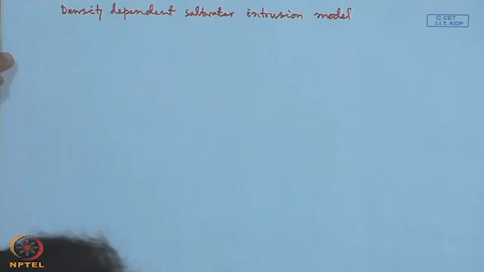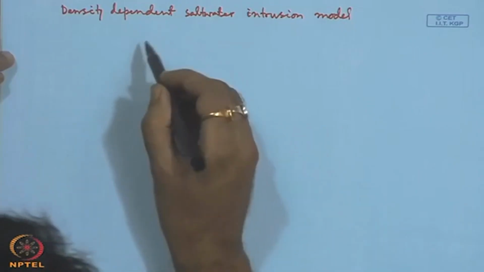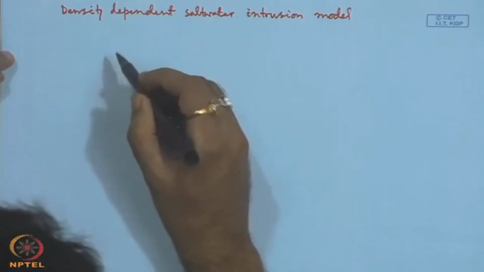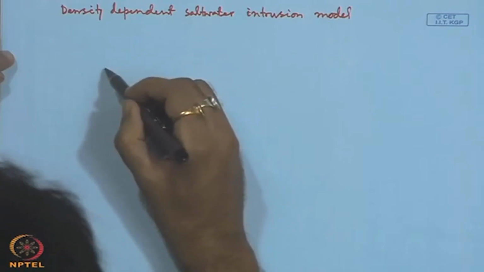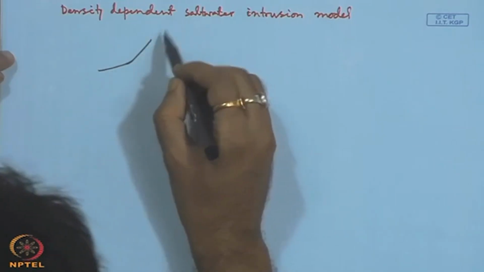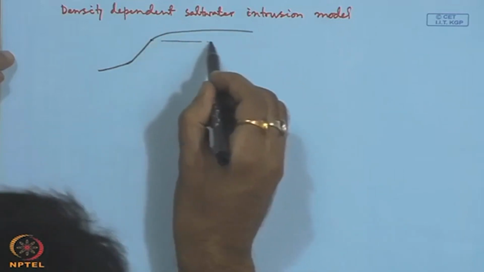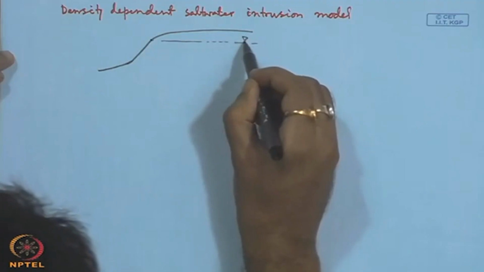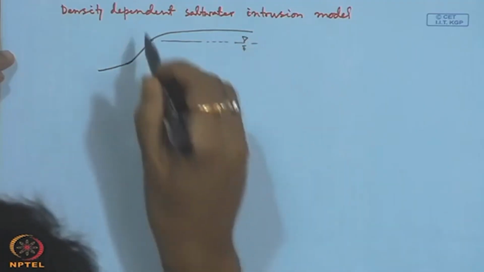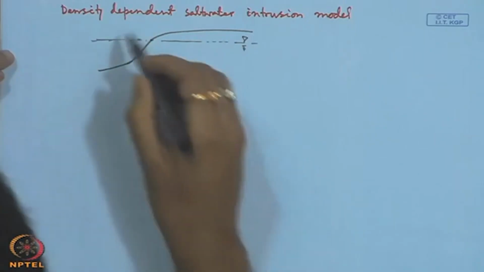In this model, a transition zone is considered instead of a sharp interface that is used for our sharp interface modeling using the Ghyben-Herzberg principle.